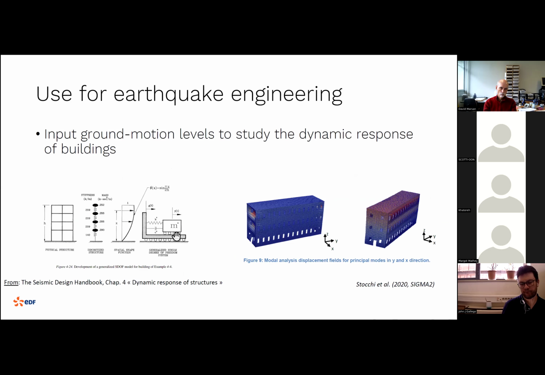So who uses this kind of information? There are many people using this kind of hazard curves. One typical use is for earthquake engineering purposes. The hazard levels and the acceleration levels that you obtain for specific frequencies or periods will be used as an input to study the dynamic response of buildings.